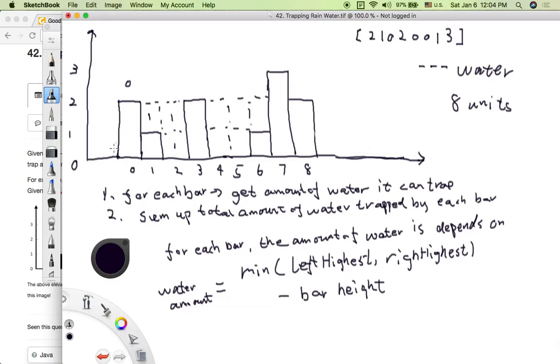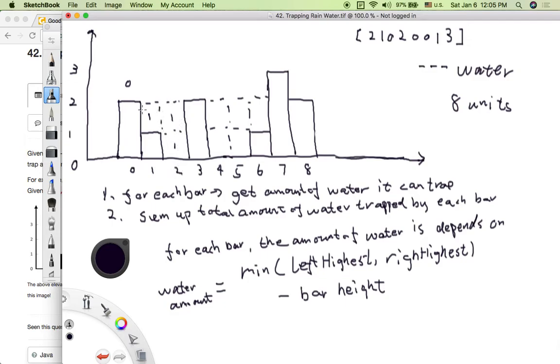So we can only get a water amount of 0. The second one, because the left height is 2 and the right height is 3 at index 7, the minimum is 2, and minus its own height, that's just 1, so we get 1 unit of water.